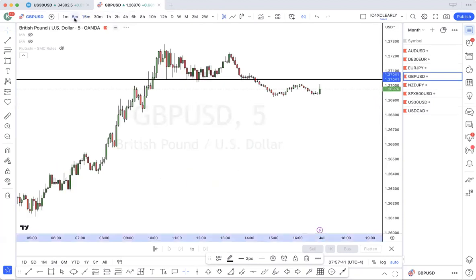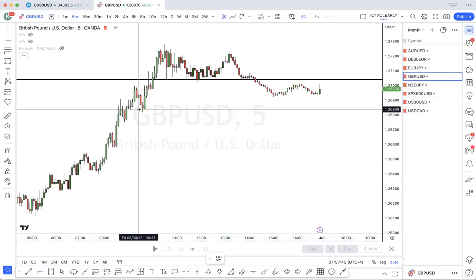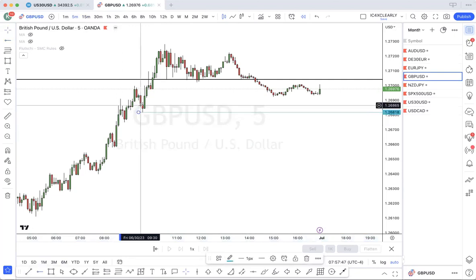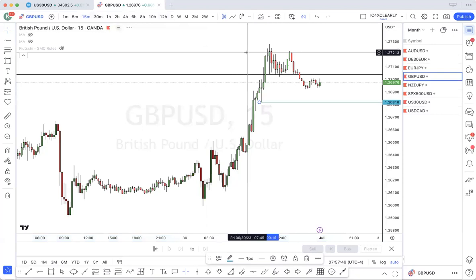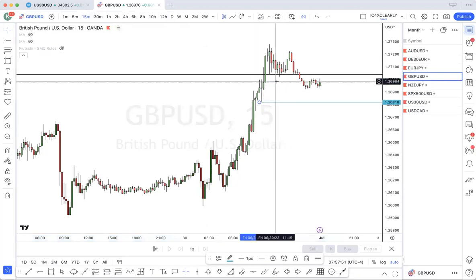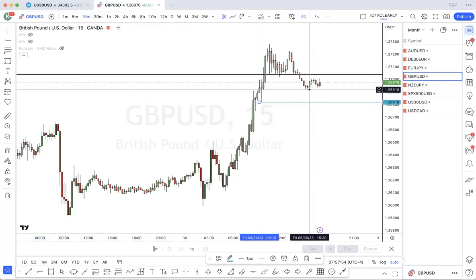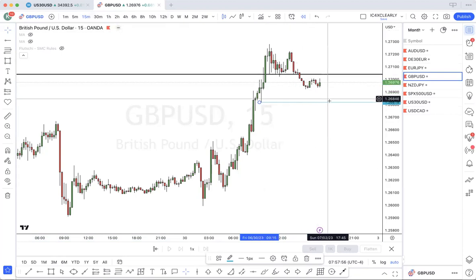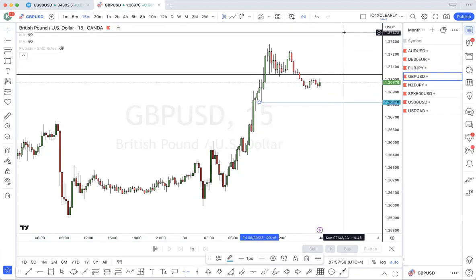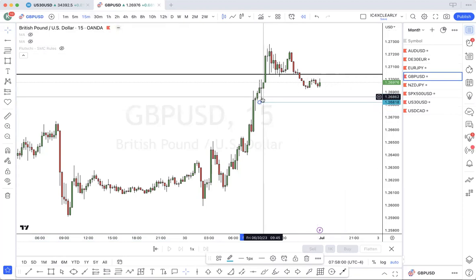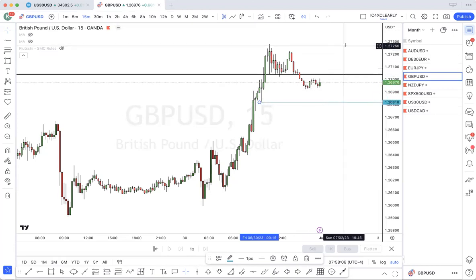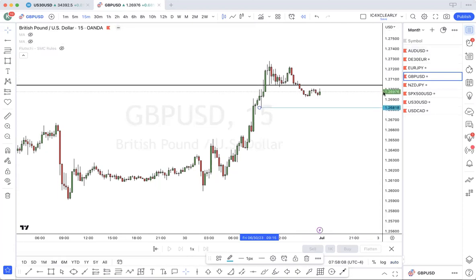Let's identify this. This would be that low. This was that wick that was on here. So this could pull back to continue buying up, pull back to this minor level of structure here before pushing back up.